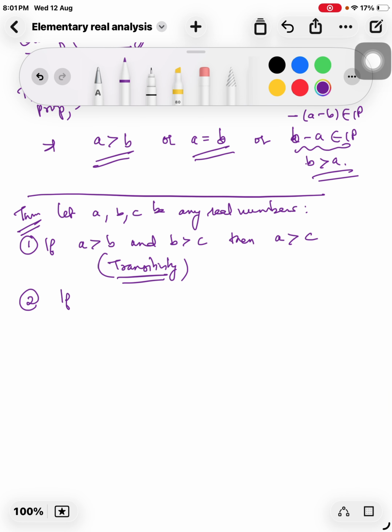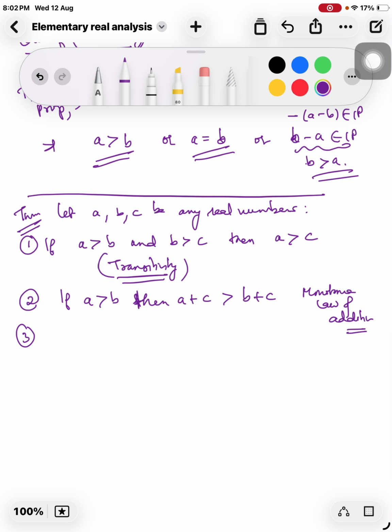Second is if A is greater than B, then A plus C is greater than B plus C. So C can be negative, C can be positive, but A plus C will always be greater than B plus C. This is monotone law of addition.